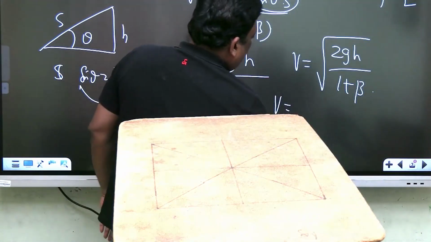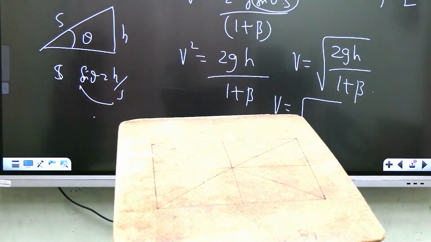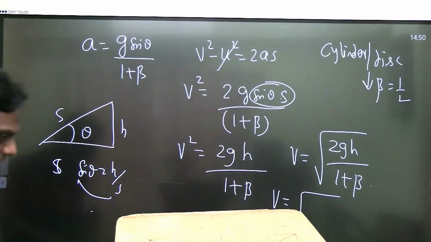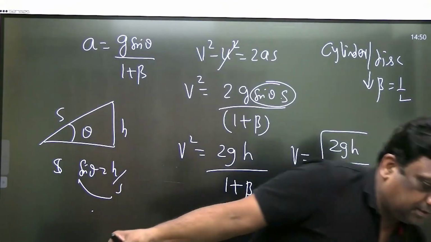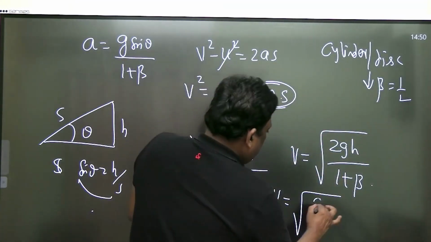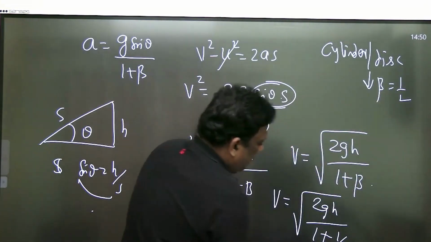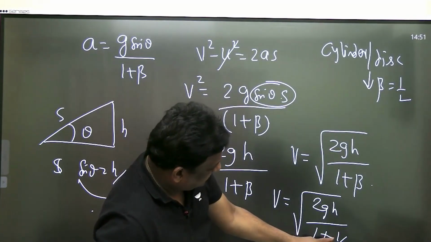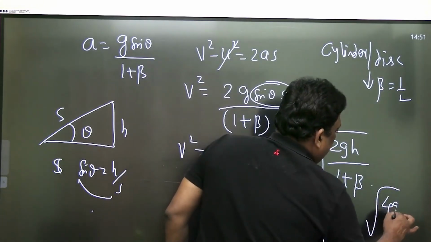So v is equal to root of 2gh by 1 plus beta. What is beta? Half. So 2 plus 1 is 3, and this 2 will go to the top. So it will be root of 4gh by 3.